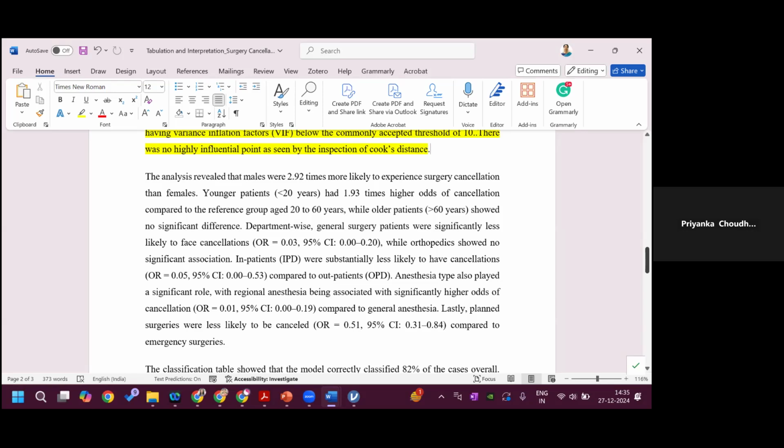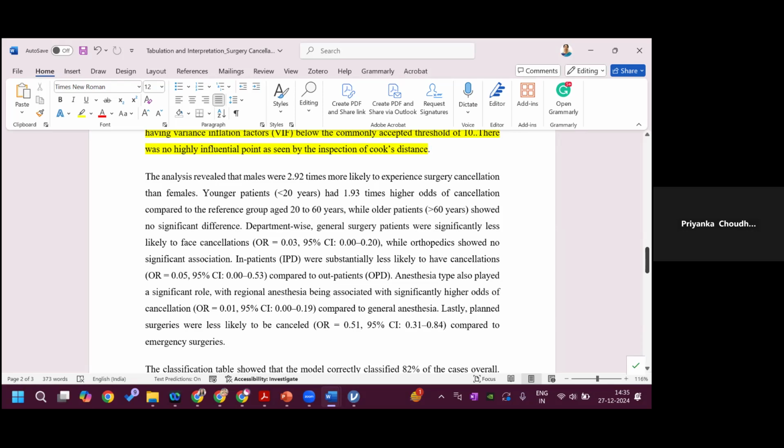Inpatient IPD patients were substantially less likely to have cancellation, with an odds ratio of 0.05 and confidence interval between 0.00 and 0.53, compared to outpatient OPD patients. Anesthesia type also played a significant role, with regional anesthesia being associated with significantly different odds of cancellation.